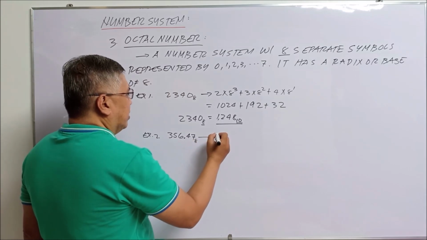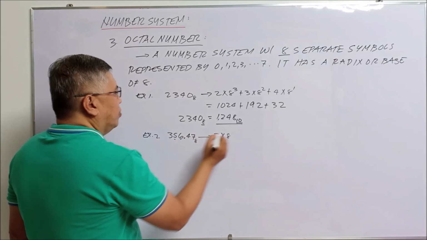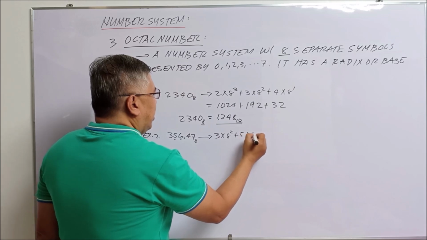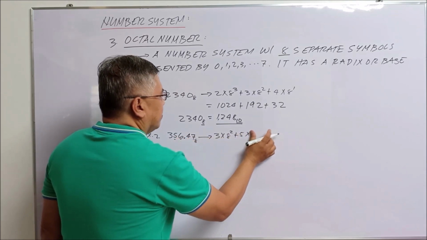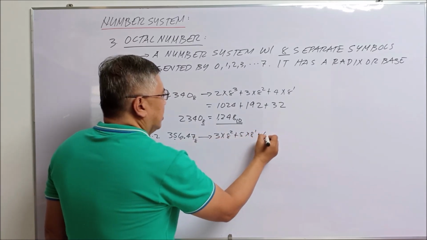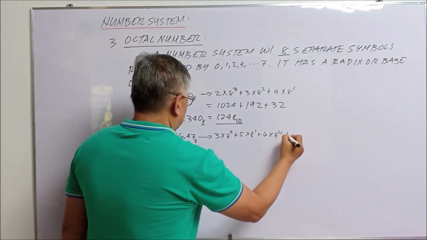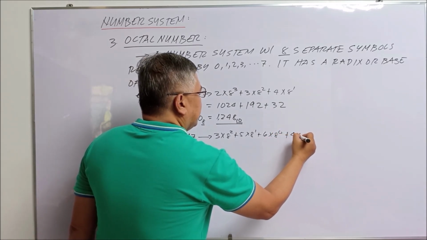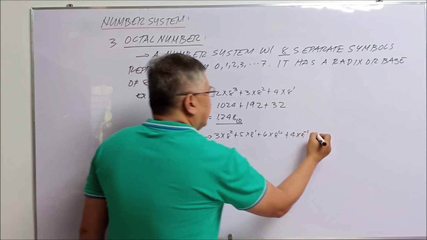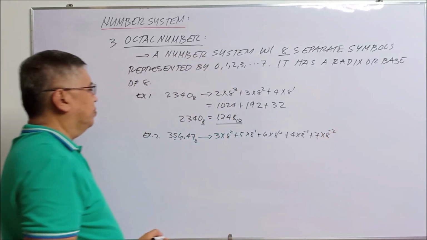So once positional notation is obtained, this is 3 times 8 to the second power, plus 5 times 8 to the first, plus 6 times 8 to the 0, plus 4 times 8 to the minus 1, plus 7 times 8 to the minus 2.